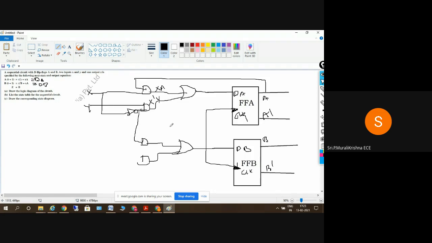This is x bar, and I have the b value. So from here, x bar b, okay, plus xa here. So this is x, and this is xa. Okay.